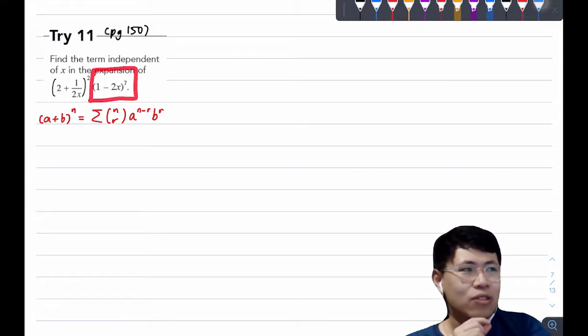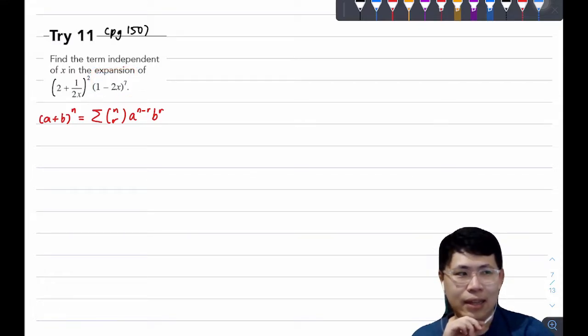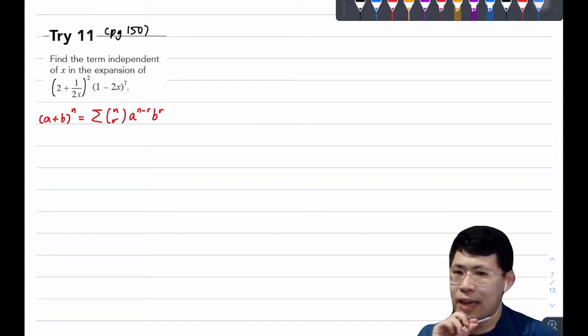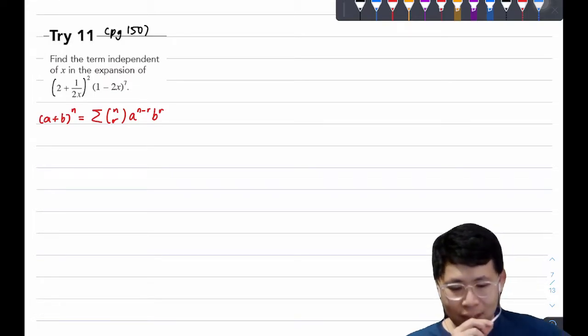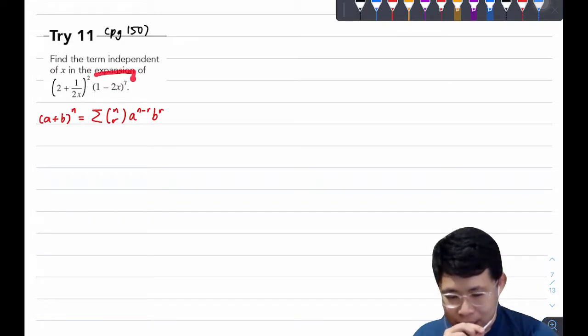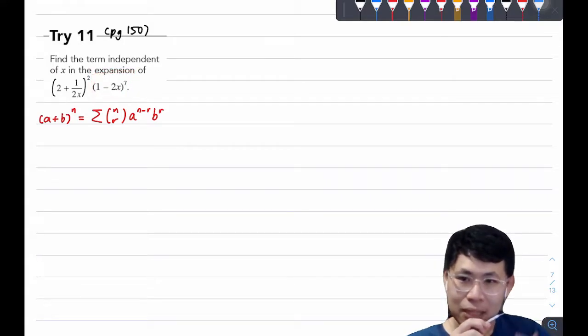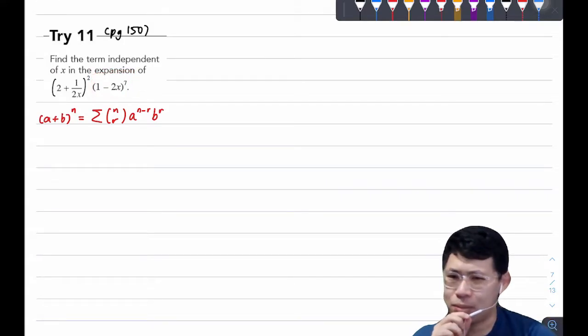Okay, so now the thing is that let us slowly expand this one by one. I'm going to expand this first using the general term, because in order to look for the term independent of x, I am also lazy to expand everything.